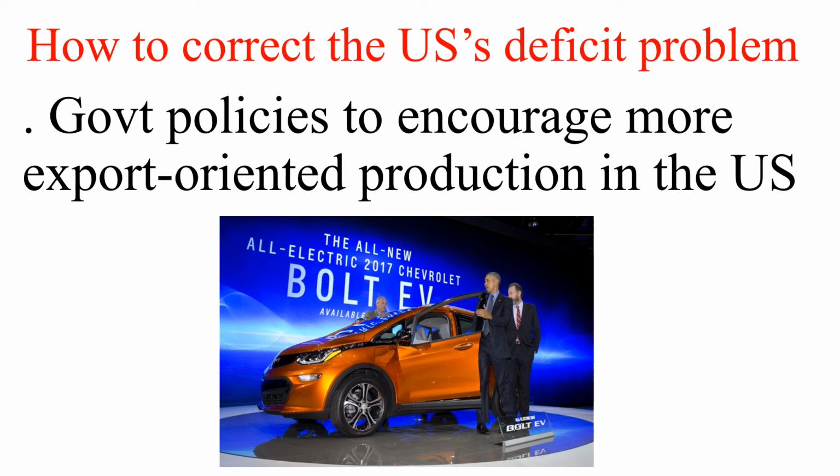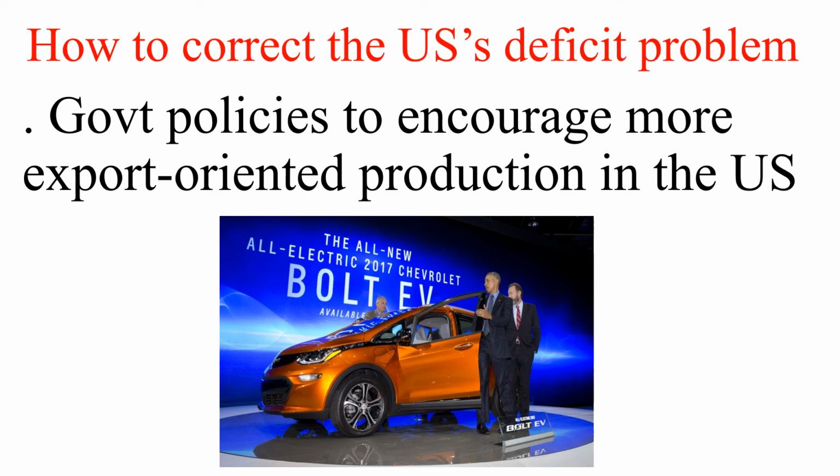And then government policies to encourage more export-oriented production is certainly another factor here. Here you see in the picture that President Obama a few years ago, when he was the president, approved a large-scale subsidy for Chevrolet, so they built an all-electric car that's affordable by ordinary people and that has a long range.